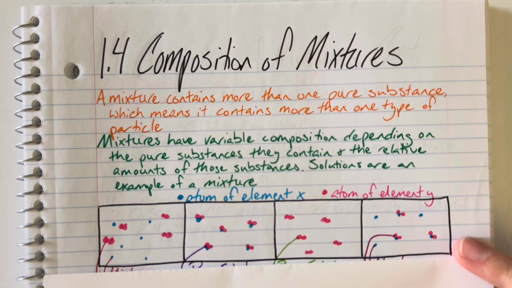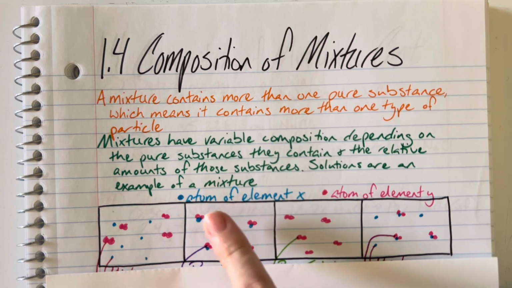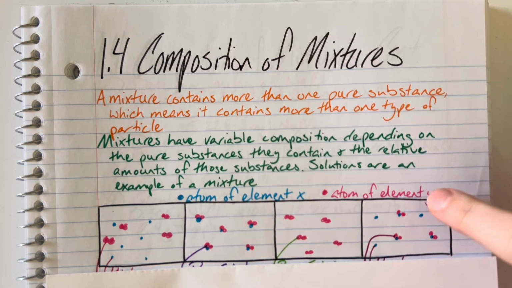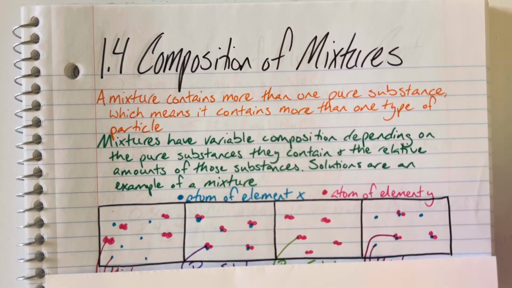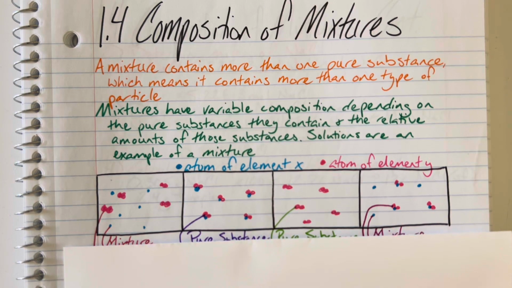We're going to look at some molecular views, and an atom of element X is going to be that little blue dot, and an atom of element Y is going to be this pink dot, and then you can see different configurations therein. And we're going to go ahead and label which is which.